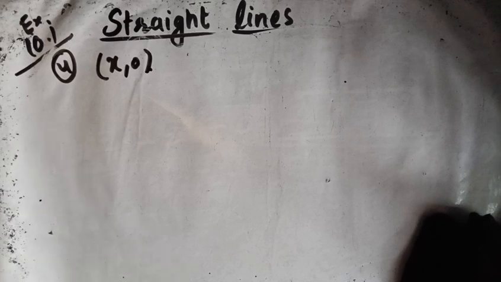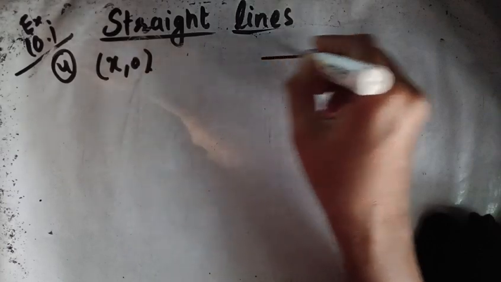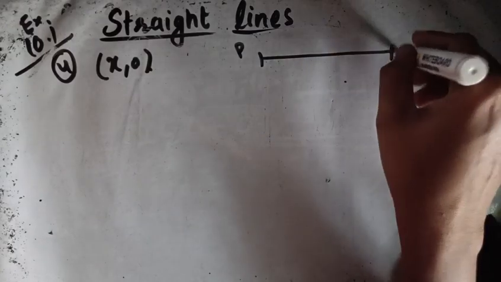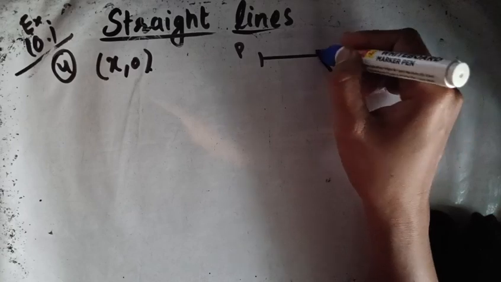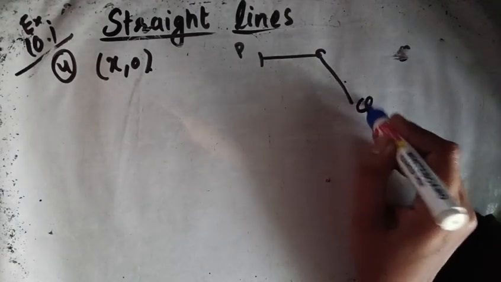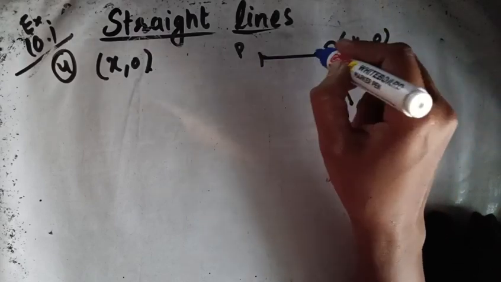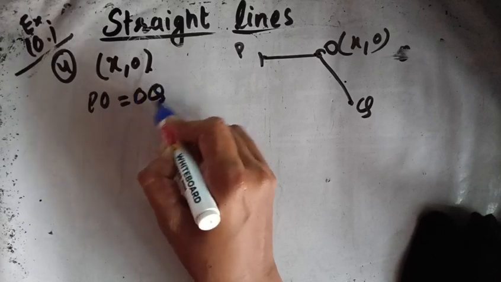So this point is equidistant. That is, if we are taking say P, Q, it is not necessary that this line is a straight line. It can be like this also. And this point is O. So both these distances are the same. That is, distance PO is the same as OQ.